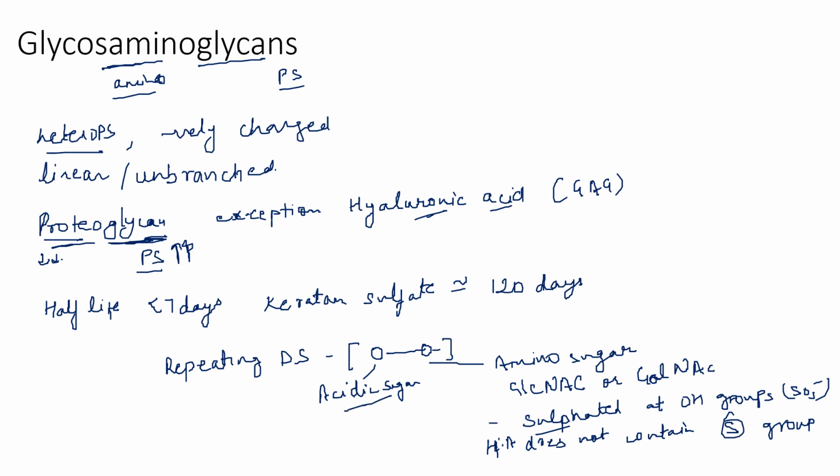Now the acidic sugar is either glucuronic acid or iduronic acid. Uronic acid means there is a COOH group; the OH group is oxidized to COOH, and this is why it is an acidic sugar.